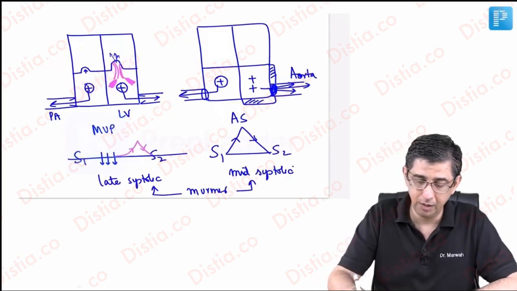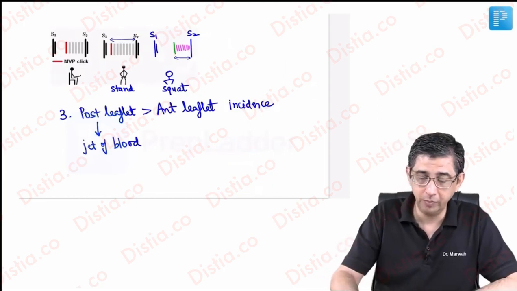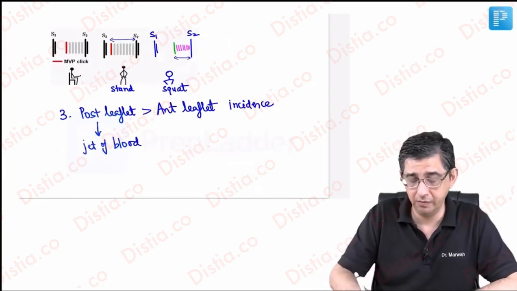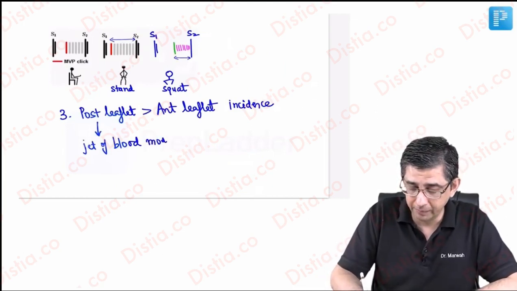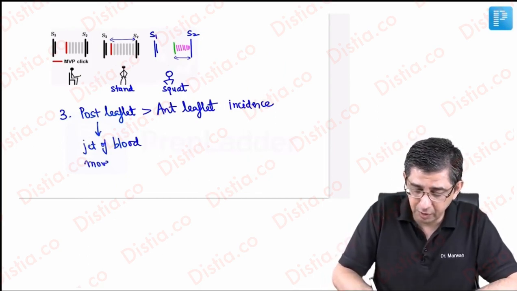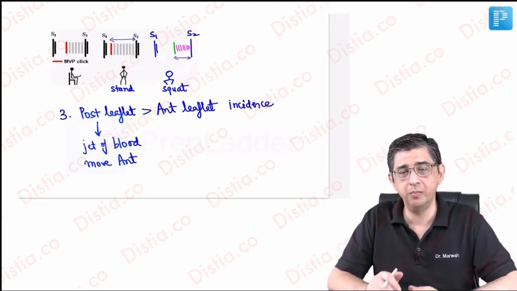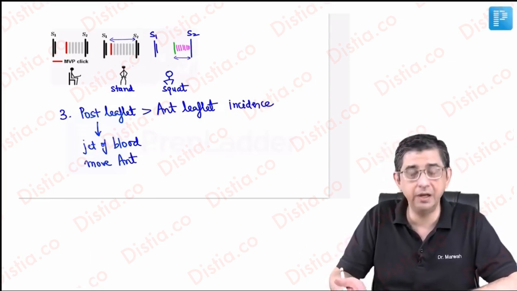I'll just show that. I'm talking about this blood leaking. Then this jet of blood, if the posterior leaflet is defective, tends to move anteriorly.